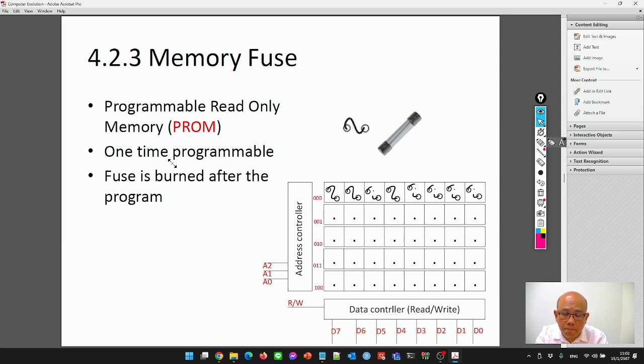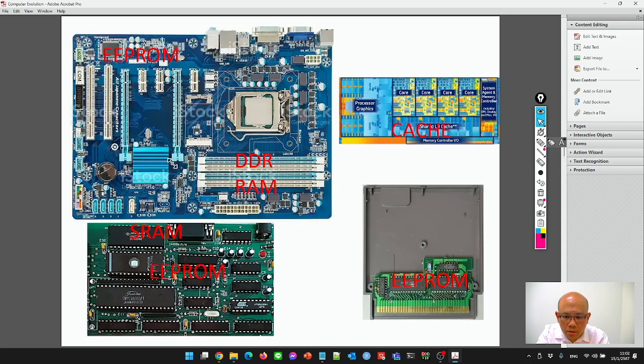The PROM now, I think, is obsolete. We can find the PROM from chip makers, but you can find it in very old devices, for example in a game cassette. The game cassette inside maybe uses an EPROM or PROM.